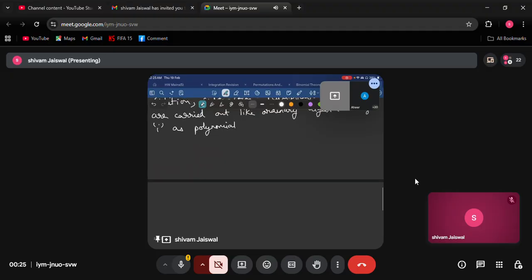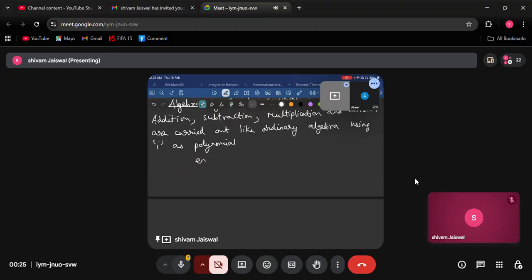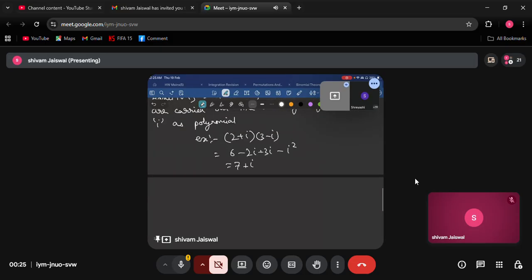For example, if I want to multiply 2 plus iota into 3 minus iota, this will be equal to 6 minus 2 iota plus 3 iota minus i square. I square is minus 1, so 6 plus 1 is 7, so the answer is 7 plus iota.